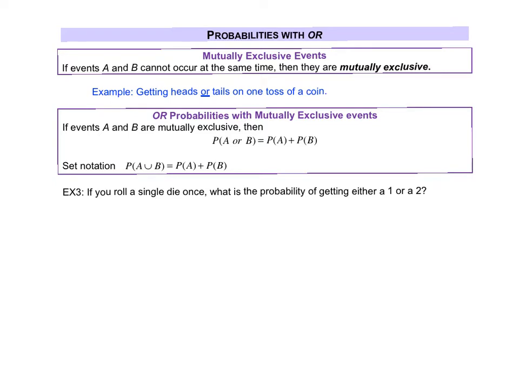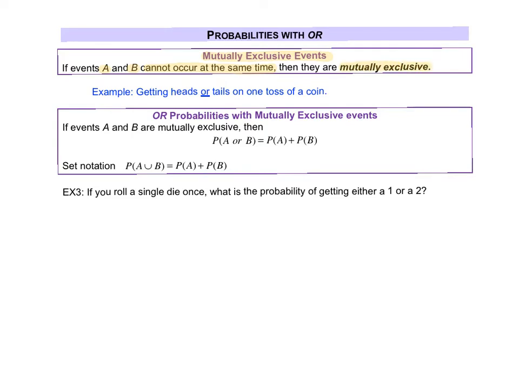There's two types. The first type we're going to look at is what we call mutually exclusive events, and it's exactly what it sounds like. If you're looking at two events, we'll call them A and B, and they cannot occur at the same time, then they are mutually exclusive, meaning they exclude each other from happening.